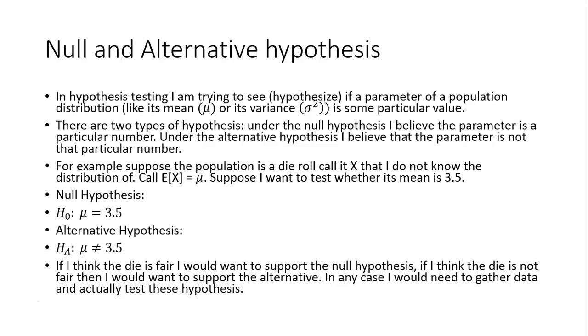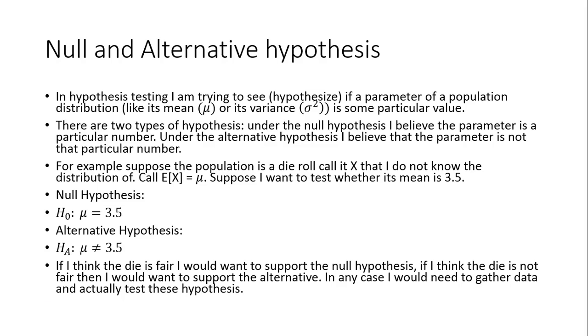So I don't know the population, I don't know its mean or variance. I'm trying to hypothesize whether it's a particular value. There are two types of hypotheses. Under the null hypothesis, I believe the parameter is a particular number. Under the alternative hypothesis, I believe the parameter is not that particular number.